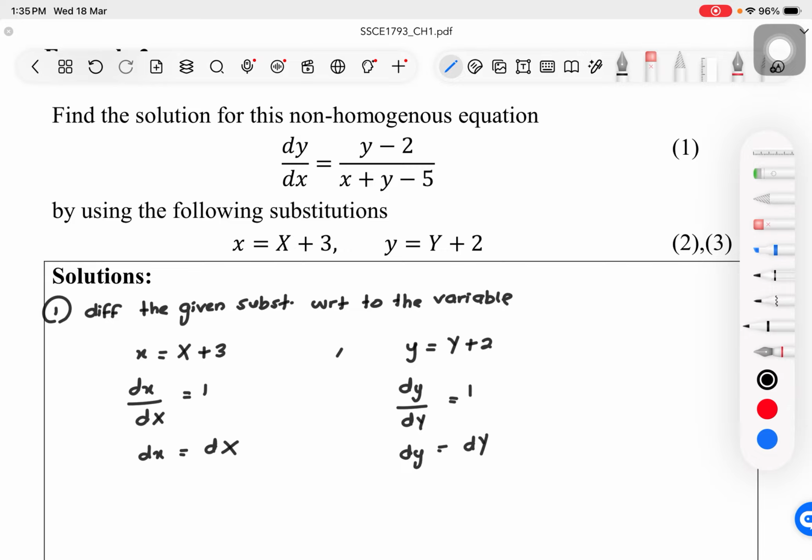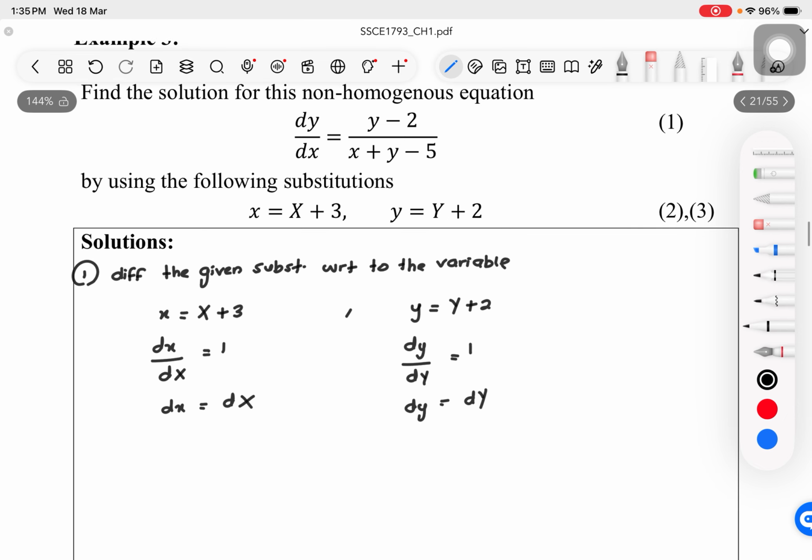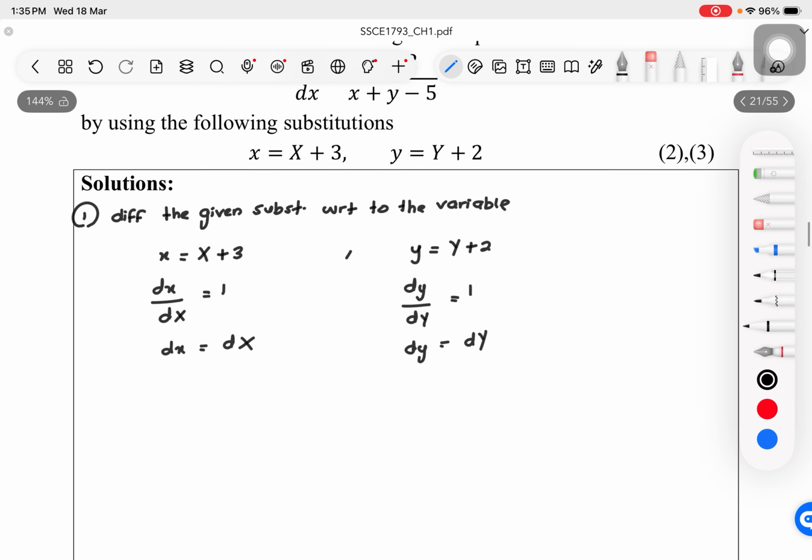Next, once you have performed that, you substitute what you have here into your original DE.